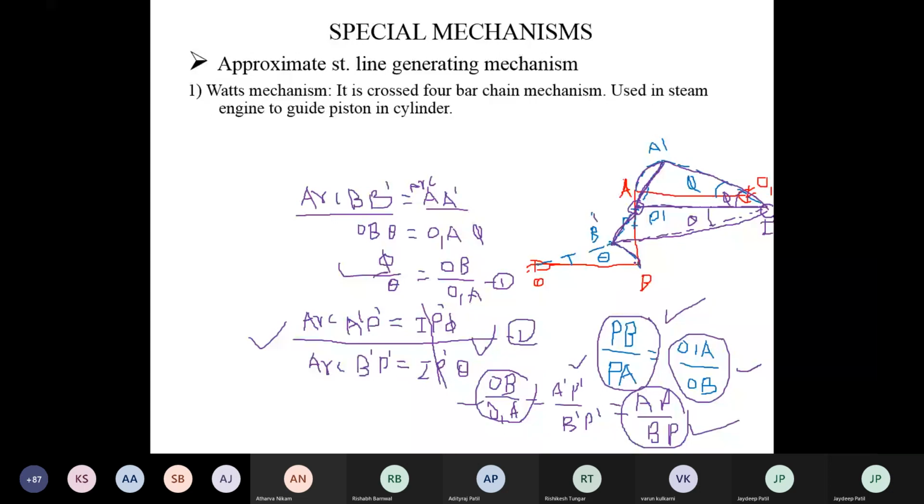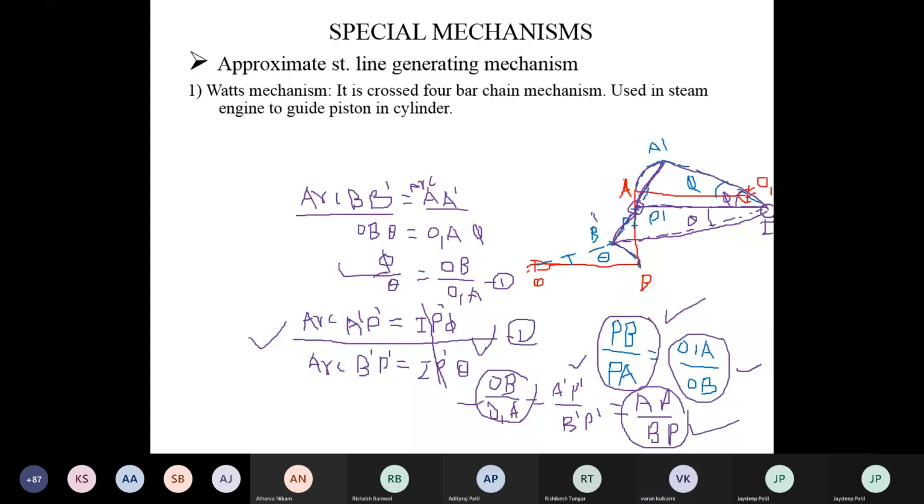Okay, when we find out the velocity by ICR method, you will get the clear idea how to find out this ICR of link. Okay, now O1 and I are different points. O1 is the different and I is the different. I is a ICR, center of rotation of link AB, B dash A dash. Okay, got it all of you?